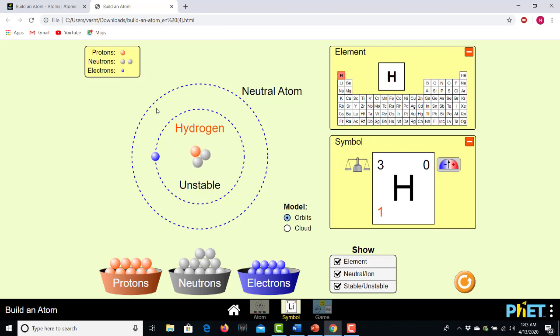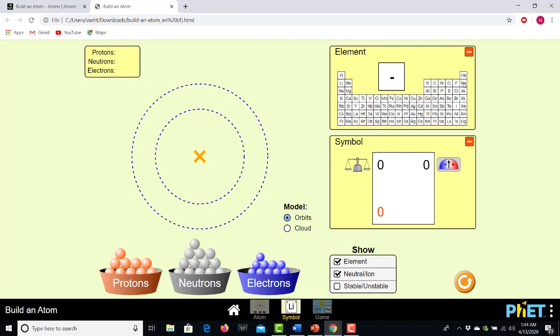Tritium. Again, that's tritium. And tritium is not found in nature. Tritium is man-made. Now there is a little issue here. This is a great simulator. However, we can build some atoms that don't exist, or some species that don't exist, particles that don't exist. For example, although I can build it, there is no form of hydrogen that has a -2 charge.